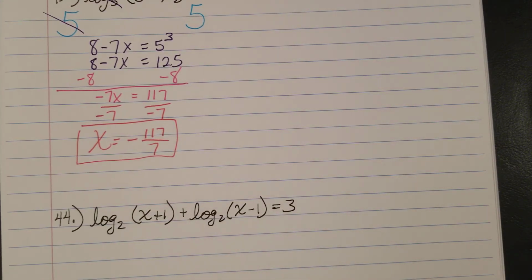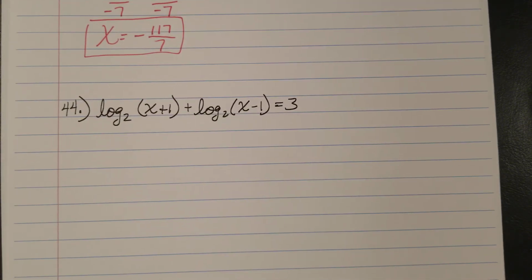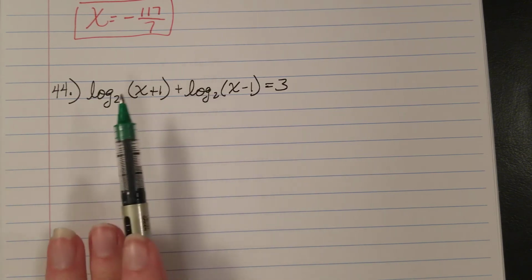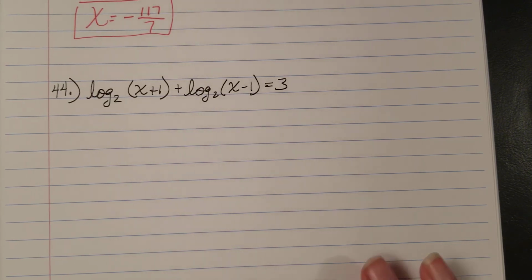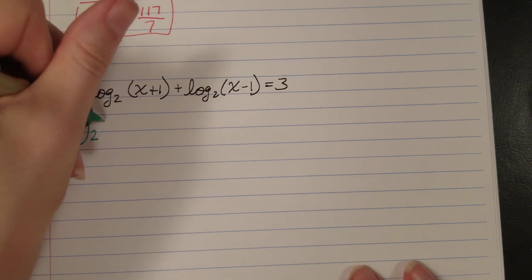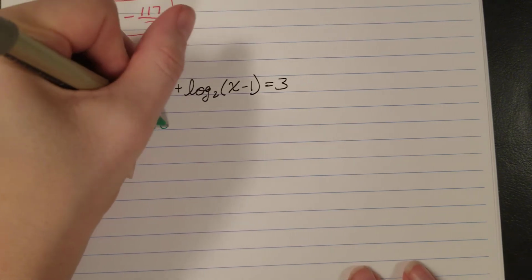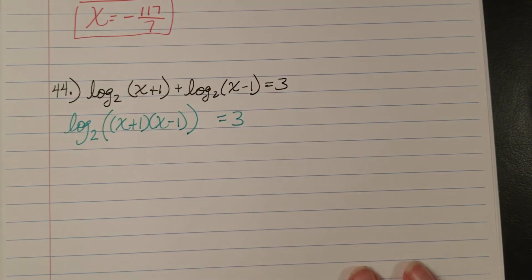All right, so number 44. Here we have a sum of logs. So the first thing we need to do is combine those. Using our properties, we combine those. So that's going to be log base 2 of x plus 1 times x minus 1, still equal to 3.